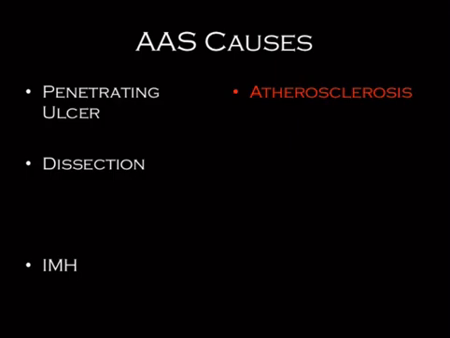This makes sense if you've seen a penetrating ulcer. They tend to look like they've got plaque and calcified disease and those kinds of things. So just think in your mind of that picture of a penetrating ulcer. That will help you get the answer. Just think about an inflammatory process eating through the wall of the vessel.